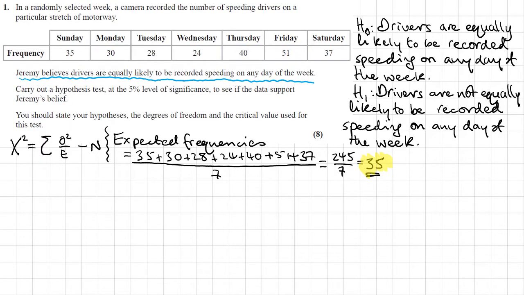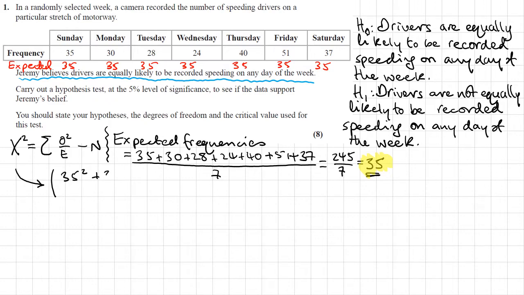I could maybe add another row down here for the expected frequency, I don't need to, but they're all going to be 35s. So now I can do my calculation for my test statistic. I want the sum of all the observed squared over the expected. It's going to be 35 squared over 35 plus 30 squared over 35 plus 28 squared over 35 and so on. They're all over 35, so I don't need to write these as separate fractions. I can write them all as one fraction.